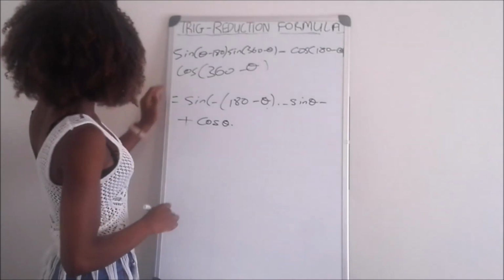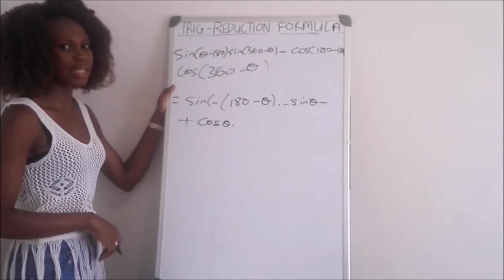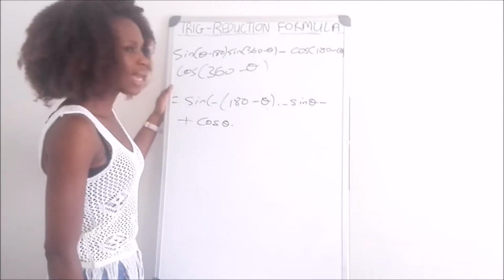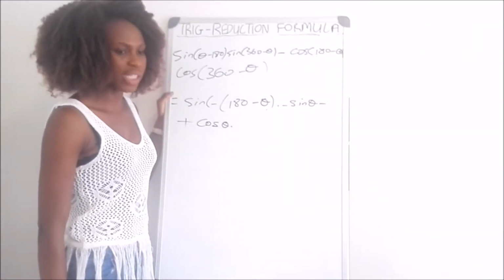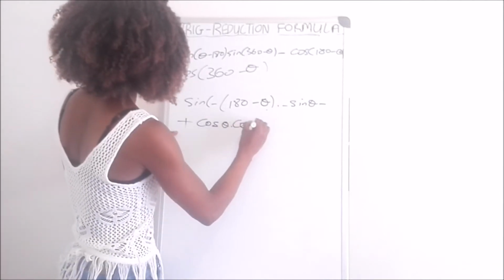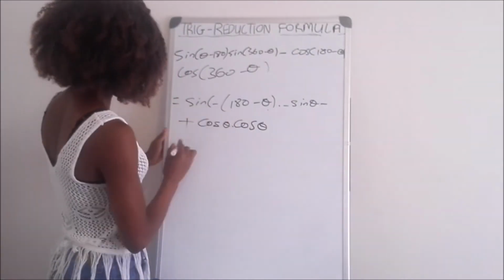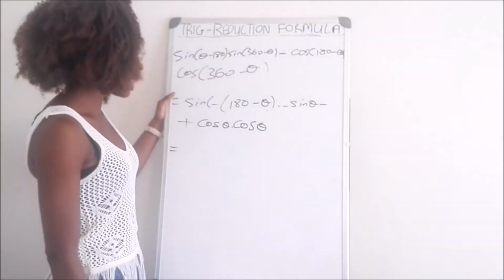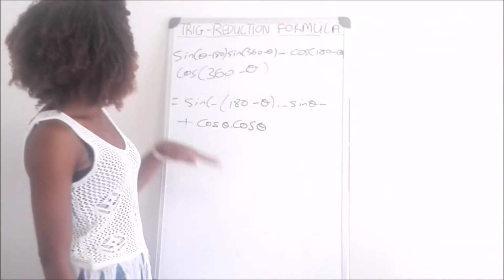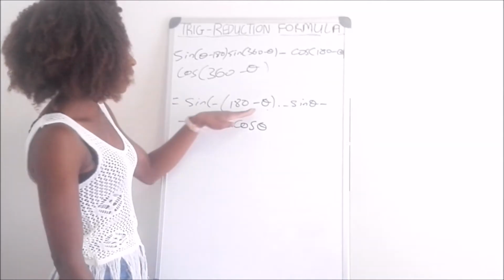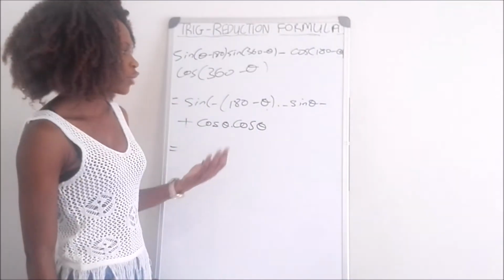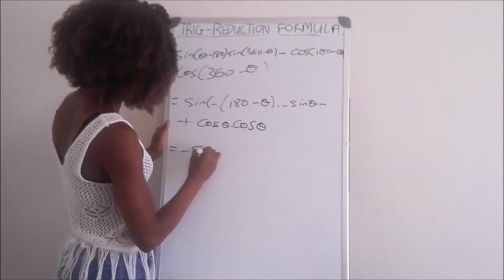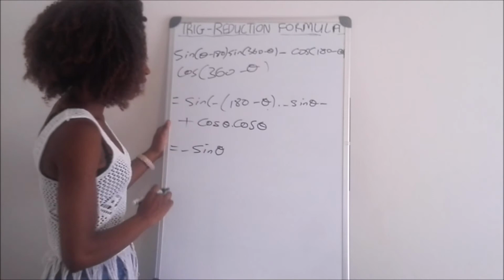Alright, and then multiplied by cos 360 minus theta, which is positive, since 360 minus theta and cos are found in the same quadrant, which is the fourth quadrant. And then this will be cos theta. Alright, and then dealing with the first one, sine of a negative angle is negative sine. And then sine of 180 minus theta is actually positive sine theta. That means that here we'll have negative sine theta because of this negative angle.